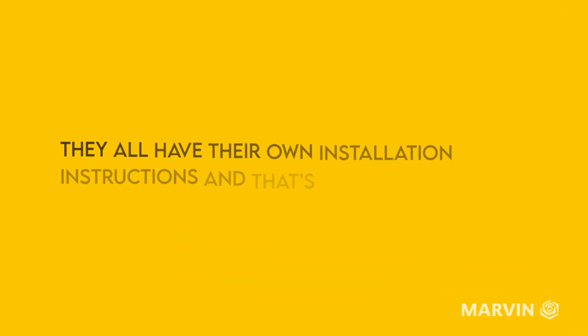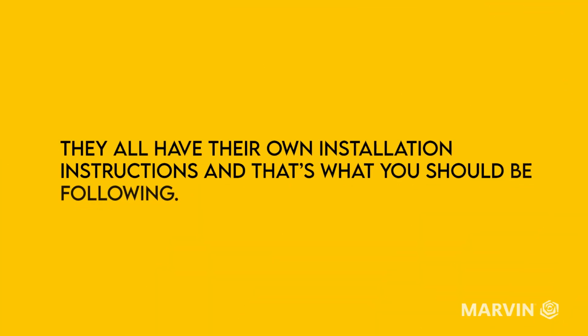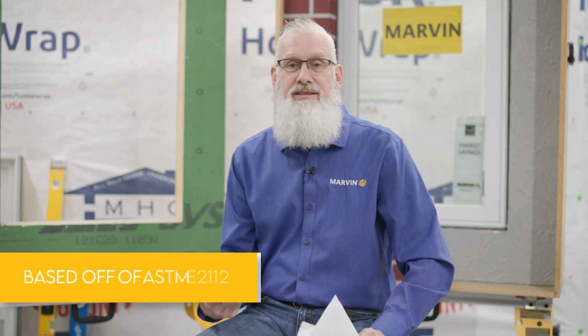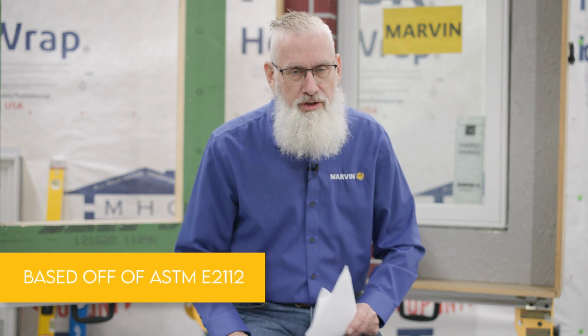There's different instructions for a certain type of window, a double hung versus a casement, a round top versus an awning. They all have their own installation instructions, and that's what you should be following. The minimum that you should be doing is right here. All the manufacturer's recommendations that we have at Marvin are based off of ASTM 2112.